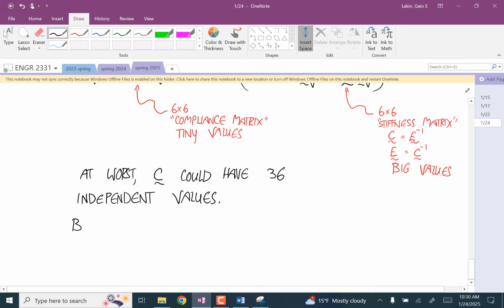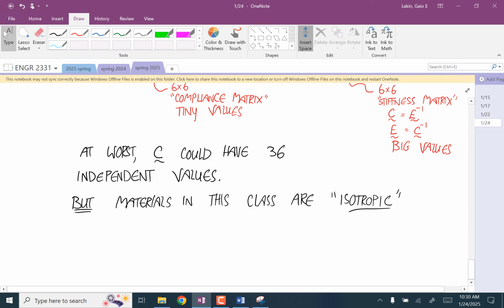But we're super lucky. The materials that we're dealing with are what's called isotropic. And isotropic means that they have the same behavior, the same flexibility, strength in every direction.